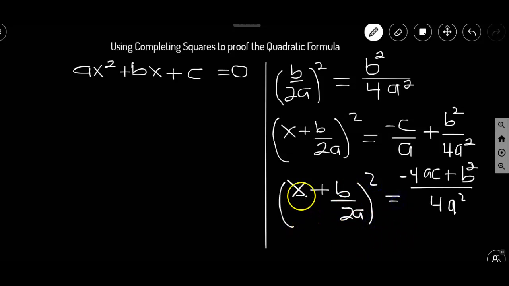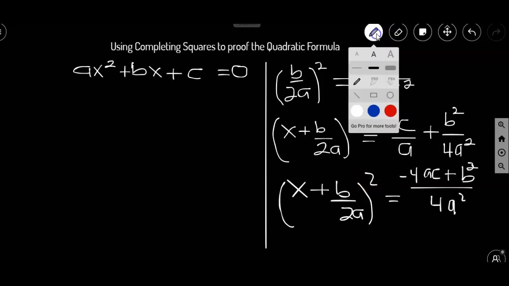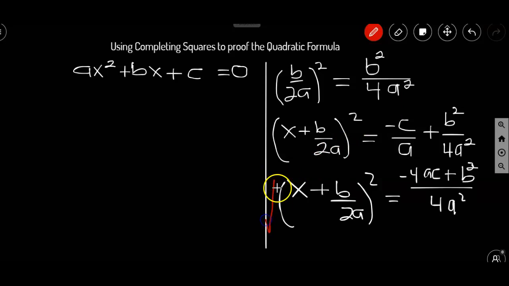Now we have to get to the x, but before we can get to that, we have to take care of the squared. The inverse operation for squared is a square root, so we're going to take the square root on both sides. So square root here, and then square root here.